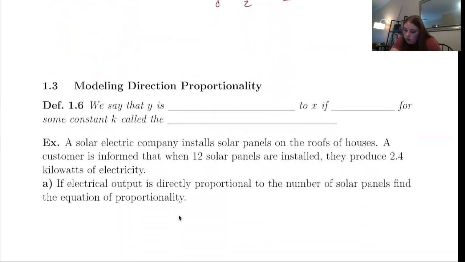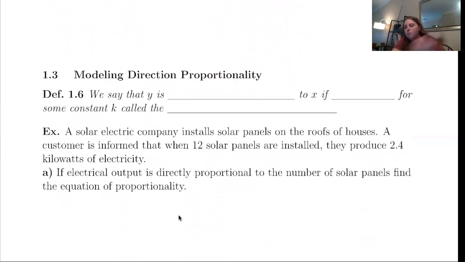Alrighty. So, you might have heard this before of direct proportionality.